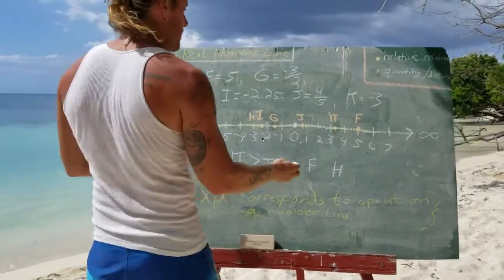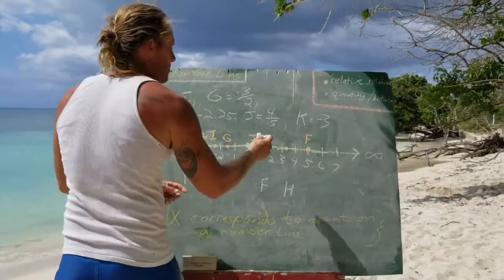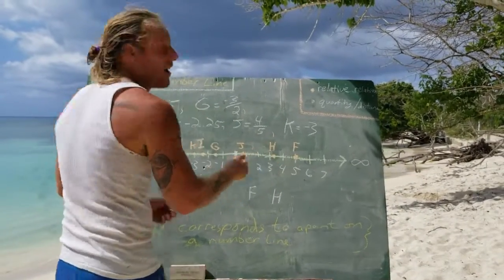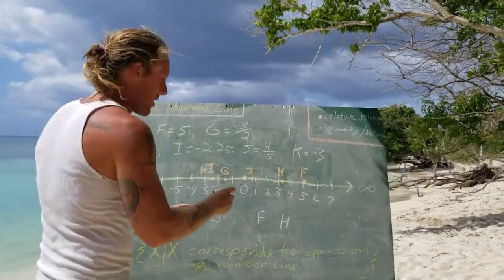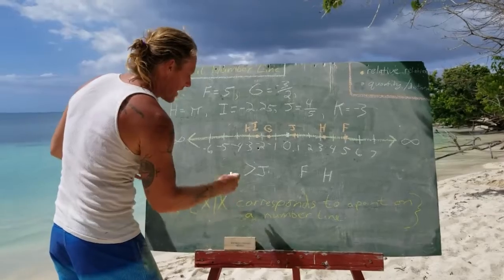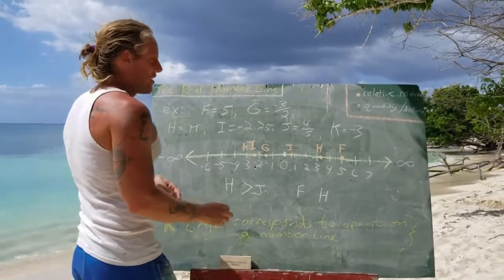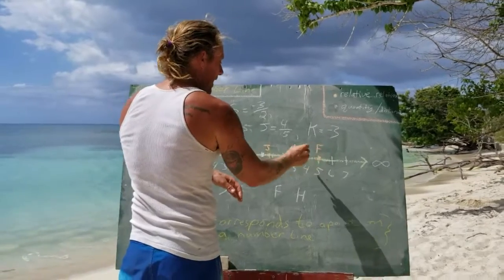No. I'm sorry, I labeled this by the value. This was point H. All right, point H. So let me switch that here. We won't go back and record that, but we're dealing with points. All right, so point F and H.